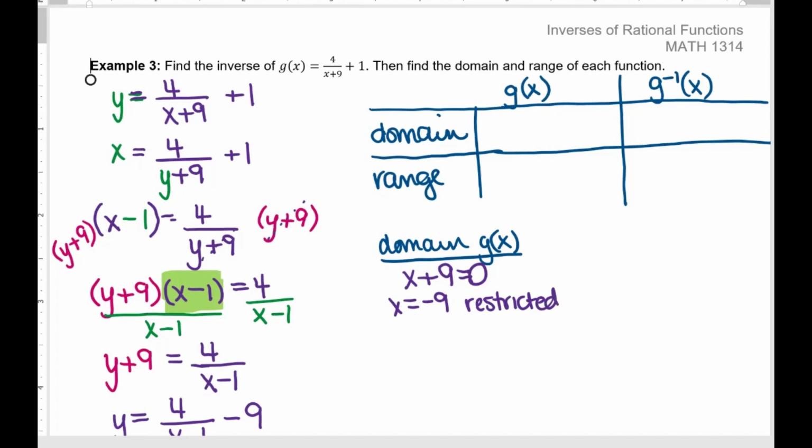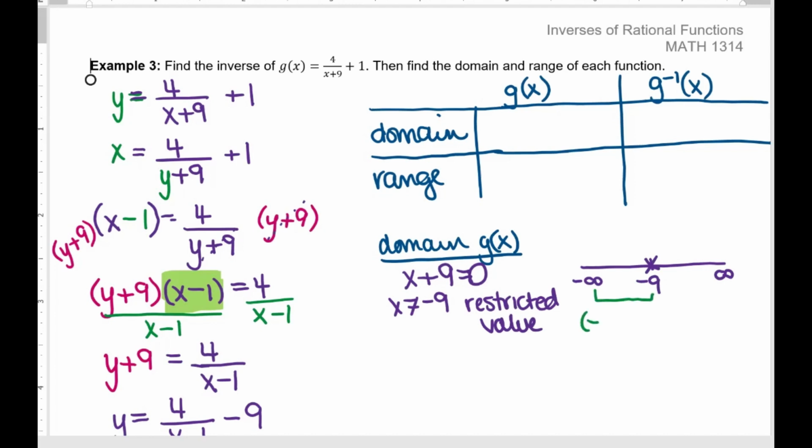Our restricted value is what we cannot include in the domain. If I'm looking at my number line, which goes from negative infinity to positive infinity, negative 9 is my one restricted value, so it cannot be negative 9. Let's go ahead and write our domain in interval notation.